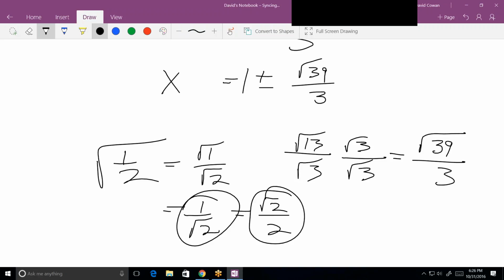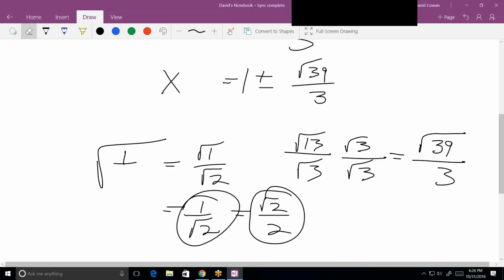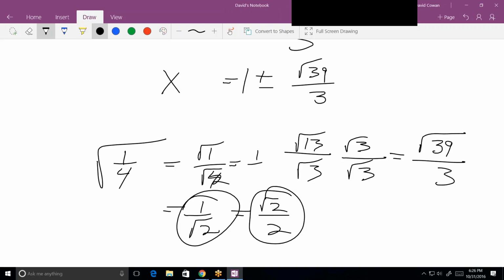Okay. So always kind of keep that in mind whenever you see radicals of fractions. Make sure that that denominator, either if it has a perfect square, well then you're fine. In other words, if I was taking the square root of 1/4, that would not be problematic. That's going to be 1 over 2. Okay. Because square root of 4 is a rational number.